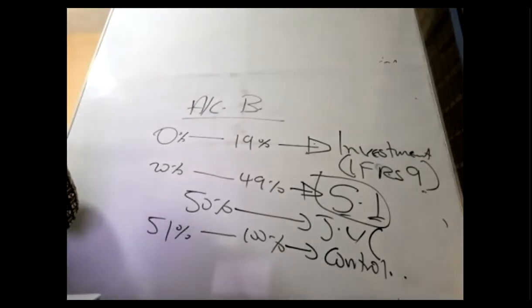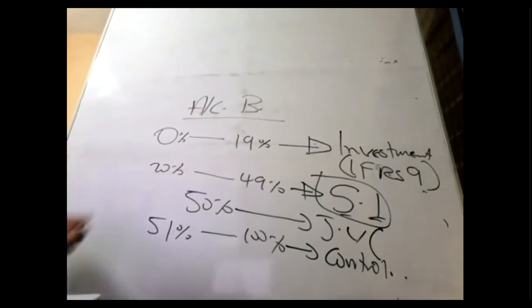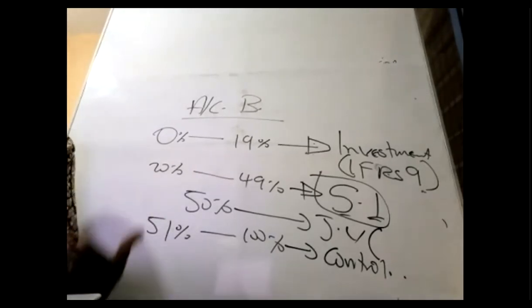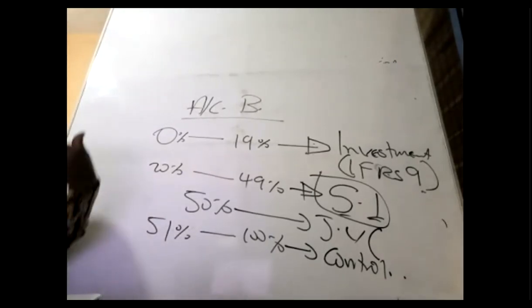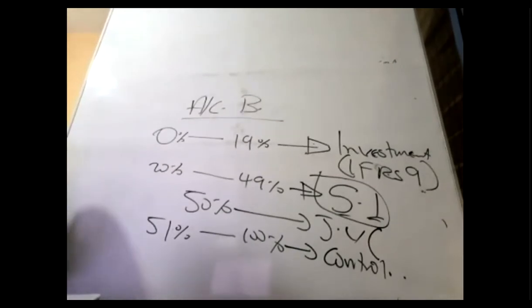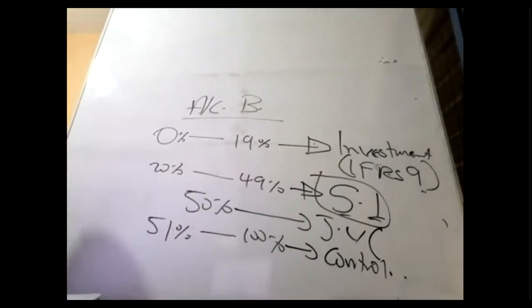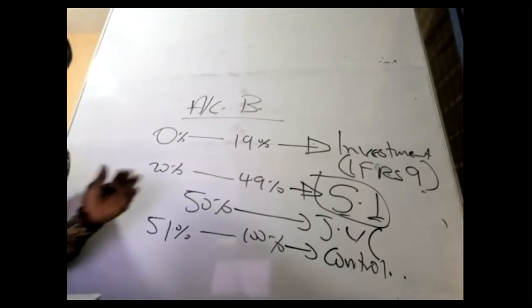So when we mention associate, it is an entity over which the investor has significant what? Influence. Significant influence. That is not what? A subsidiary nor a joint venture. That also means that an associate is not a subsidiary, and in other words, not a joint venture. So take note of the definition of associate.